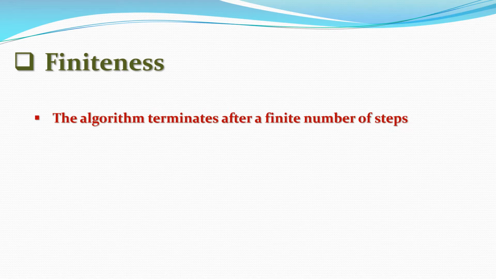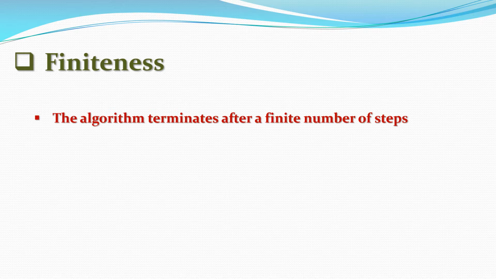Finiteness. If we trace out the instructions of an algorithm, then for all cases, the algorithm terminates after a finite number of steps, and algorithms cannot go on forever. Obviously, after executing the instructions, an algorithm will get terminated.